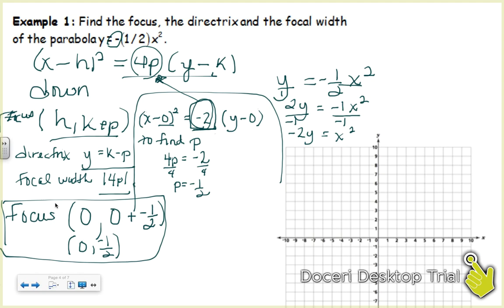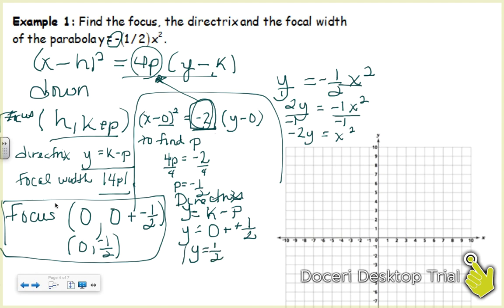To find the directrix, I'm going to go y equals k minus p. My k value was 0. I subtracted a negative 1/2, which made it a positive 1/2.